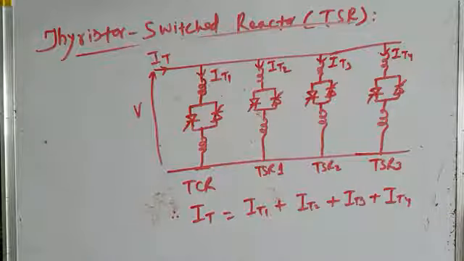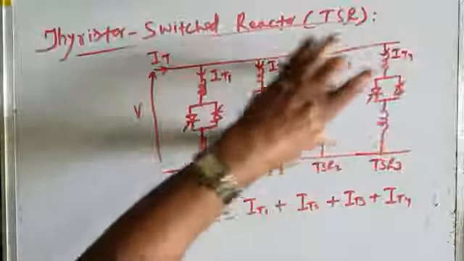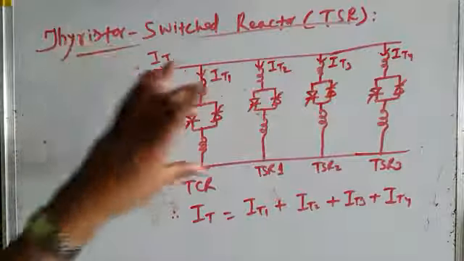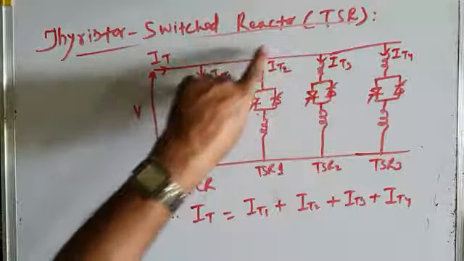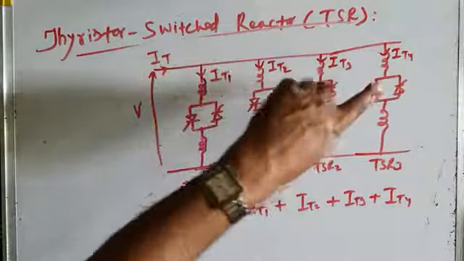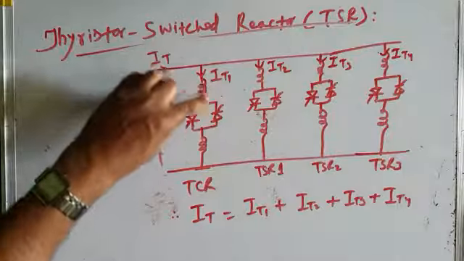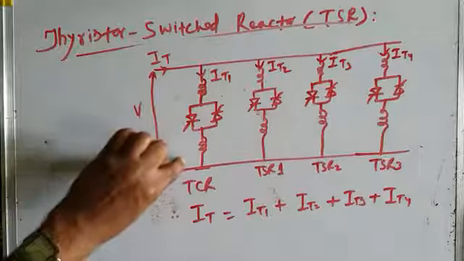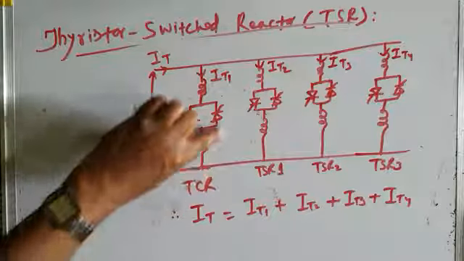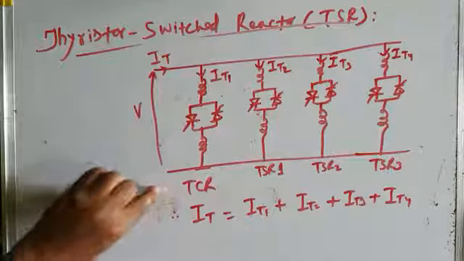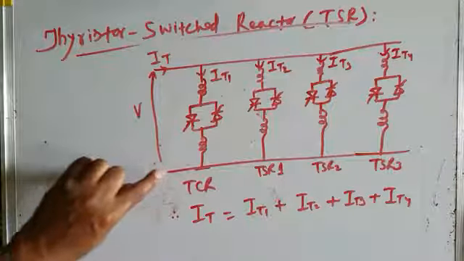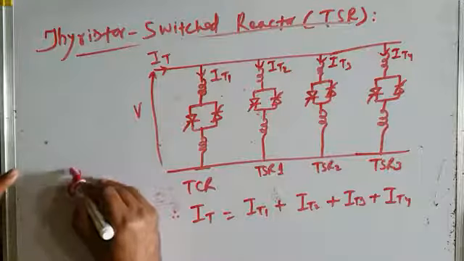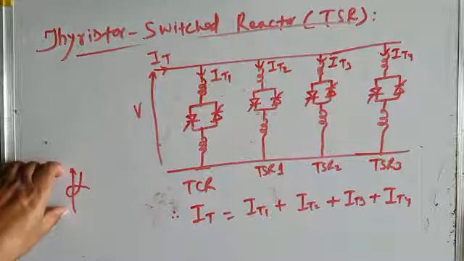Okay, and then if a certain amount of reactive power is to be absorbed, if Q is greater than 50%, 50% of reactive power will be absorbed by all these TSRs, and the remaining reactive power will be absorbed by TCR. The operational difference between TCR and these TSRs is that in this TCR, you'll continuously keep on changing delay angle. So there is delay angle control, alpha control.